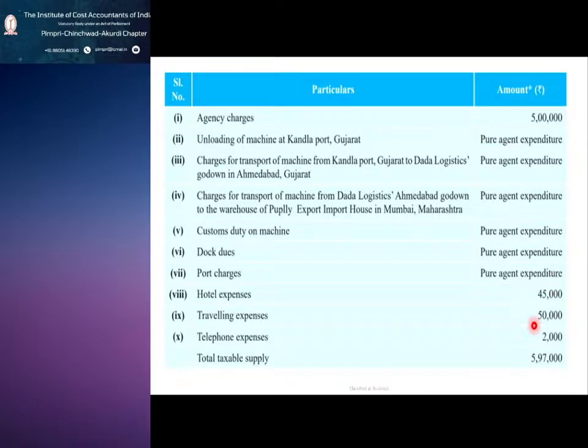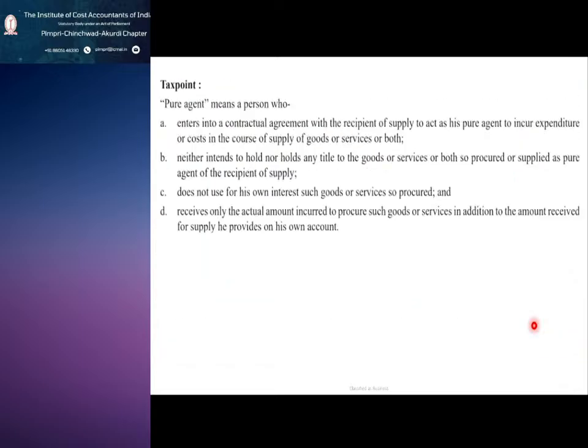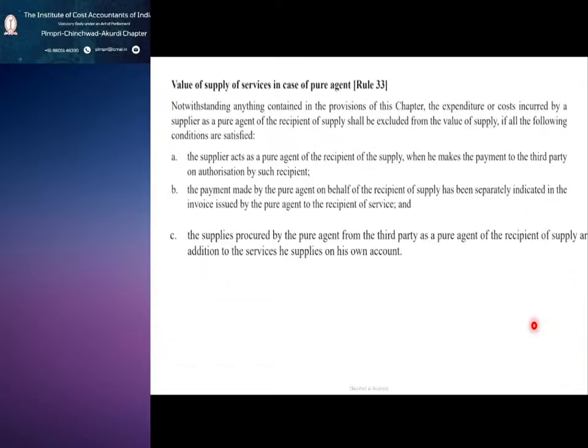In that case, he is not a pure agent. See point B: the payment made by the pure agent on behalf of the recipient of supply has been separately indicated in the invoice issued by the pure agent to the recipient of service.